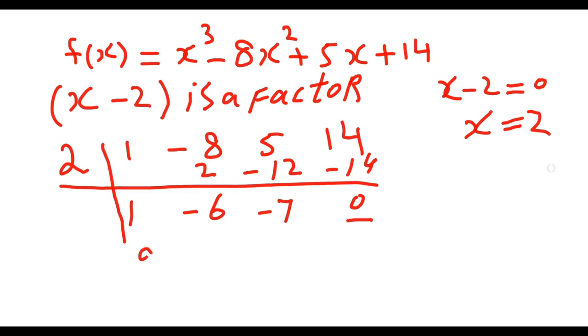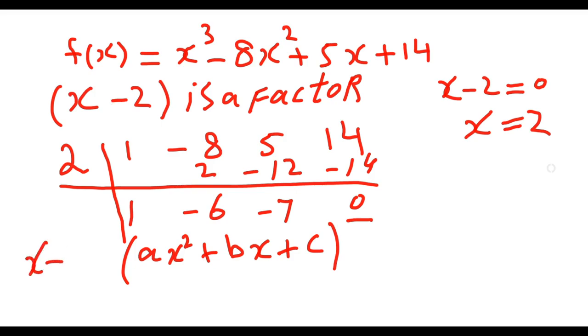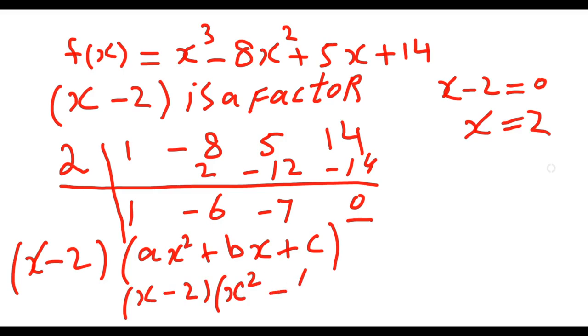Now, ax squared plus bx plus c, this is the quadratic. This is the long bracket, and the short bracket we already got: x minus 2. I found the long bracket through synthetic division. The coefficient of x squared is 1, so you write x minus 2, then x squared, negative 6x, and negative 7, equal to 0, because we need to find the x-intercepts.